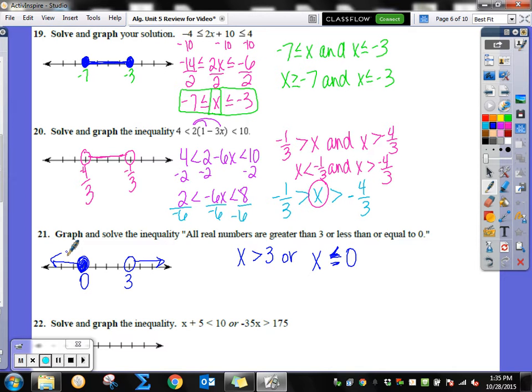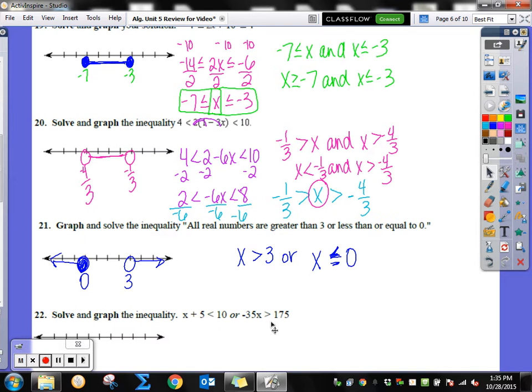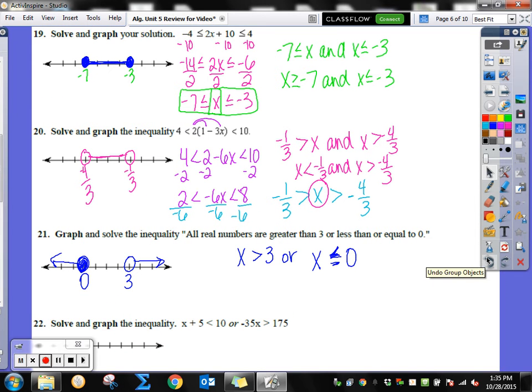For 22, we have to solve. And I didn't leave enough room, so I'm going to do the best I can. So I've got to subtract 5 from both sides. So x is less than 5, or if we divide by negative 35, we have to flip our inequality, and then 35 will go into 175 5 times. x is less than negative 5.